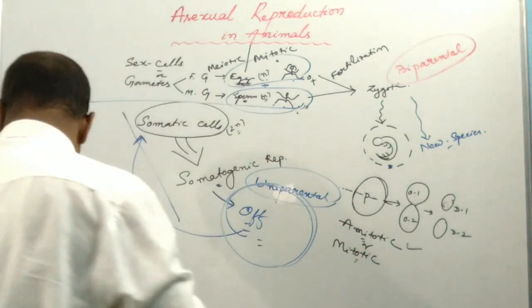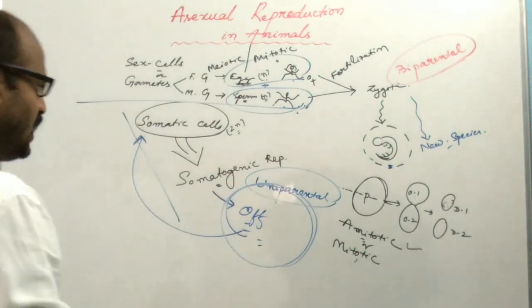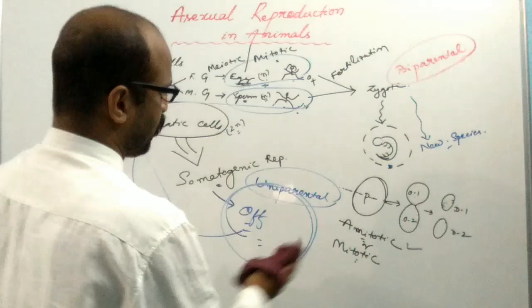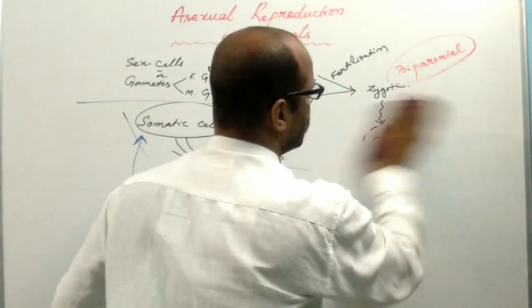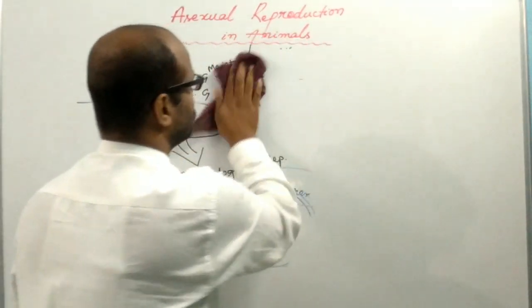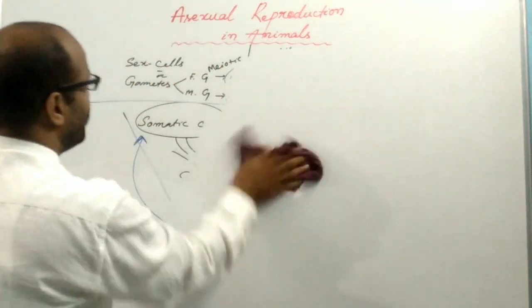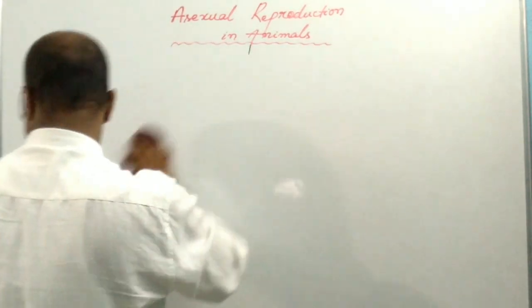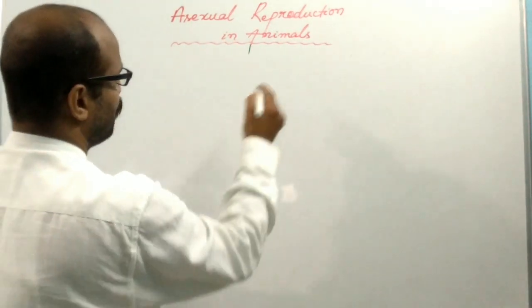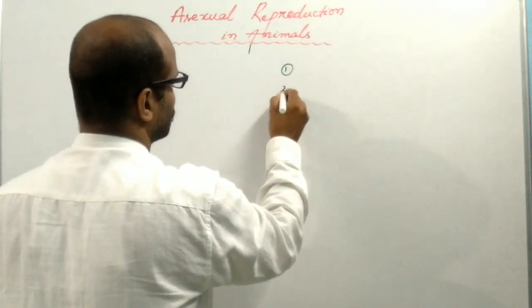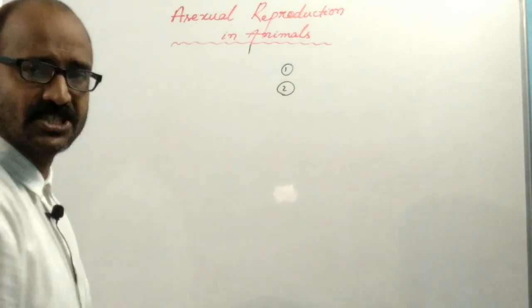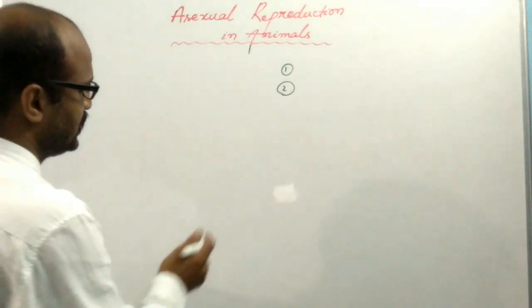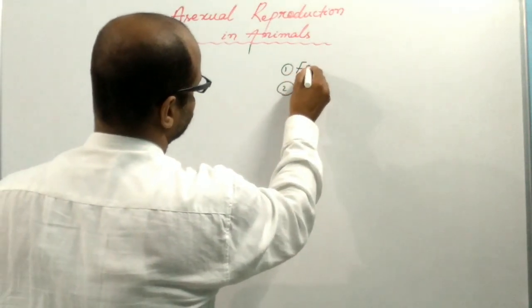There are several types of asexual reproduction. So I will go one by one. A very common and the simplest type of reproduction is fission.